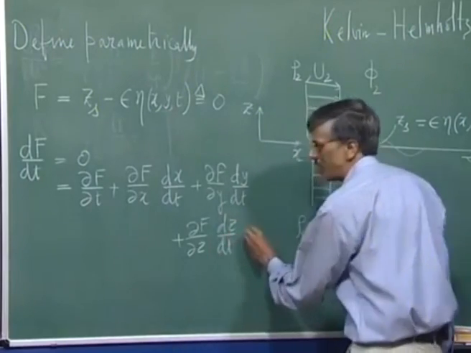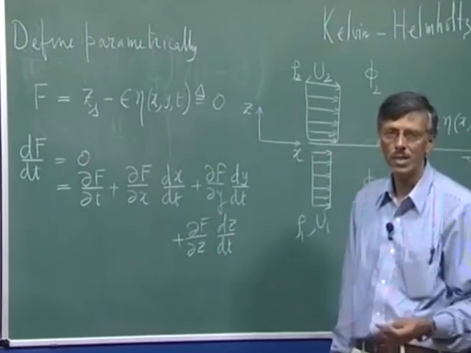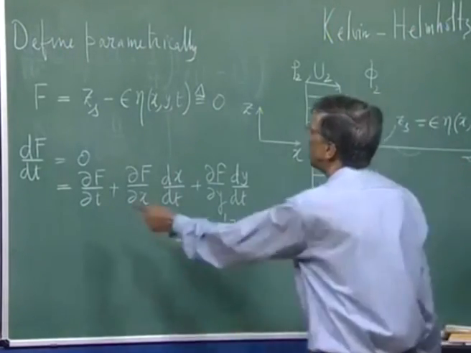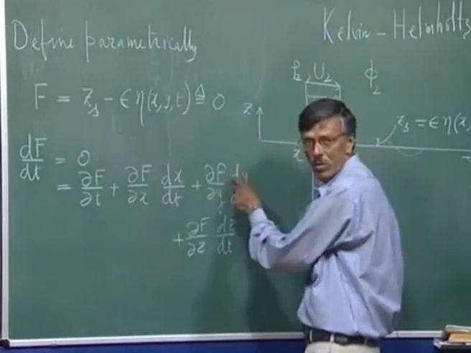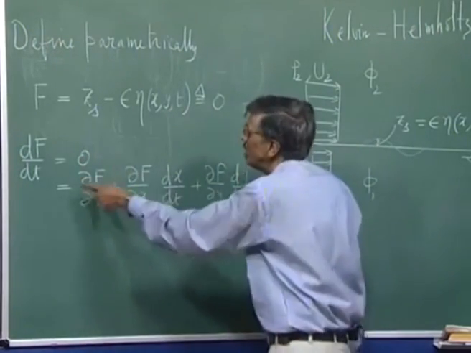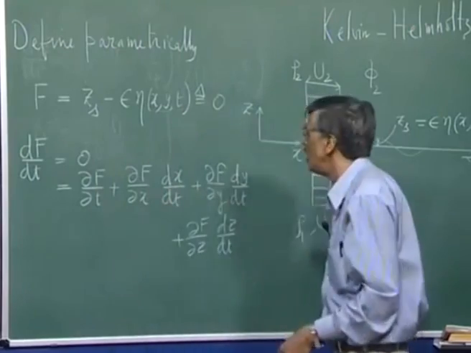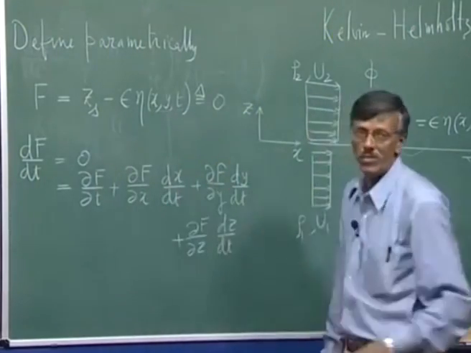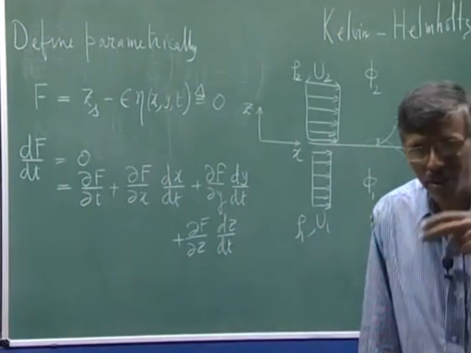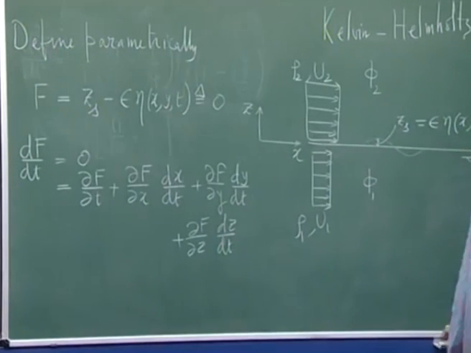So, basically what we have done, think of the following: I have taken a df, and that is nothing but del f del t plus del f del x dx, del f del y dy, and then if I take the substantial derivative, I will get this local part and this. And what are these quantities? These quantities are the components of the velocity of the boundary motion, right.